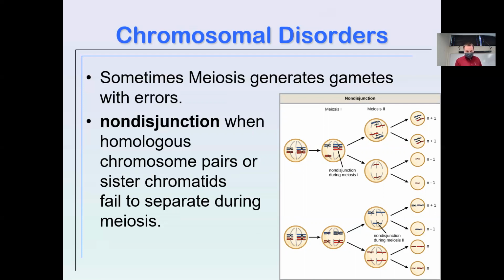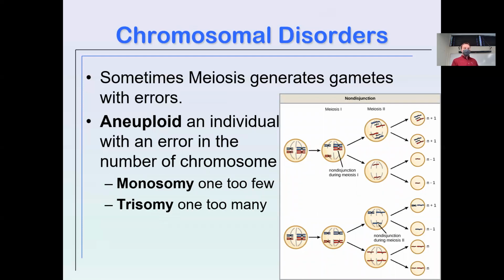If a gamete that has the wrong number of chromosomes fertilizes with a gamete that has the right number, the resulting zygote has the wrong number of chromosomes. Maybe they have one too many. That's trisomy, where you have 3 of a particular chromosome. It could be more, actually. You could have monosomy, where an individual has 1 too few chromosomes.